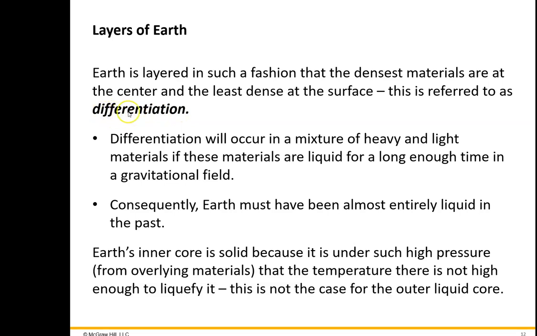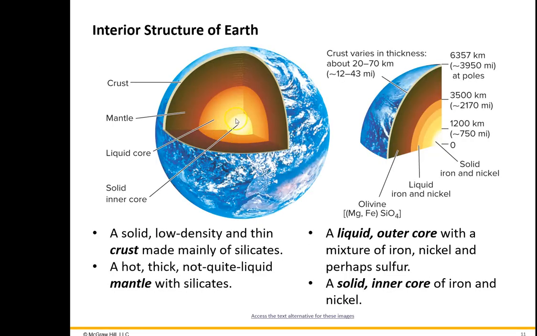Gravitation will cause more dense material to end up towards the center, like iron and nickel, and less dense material will end up out in the crust. The mantle is less dense than the core. The crust is less dense than the mantle.